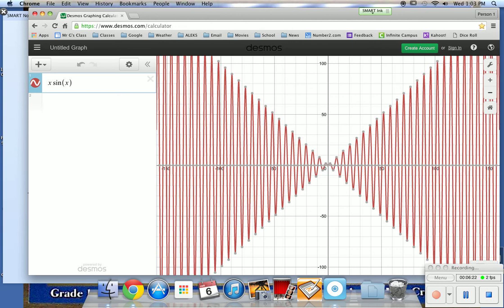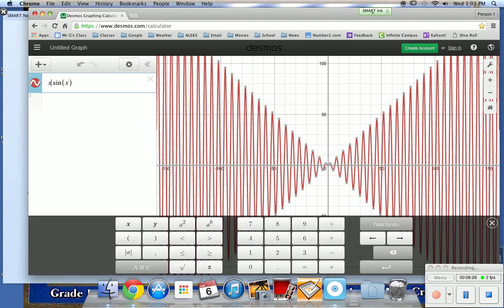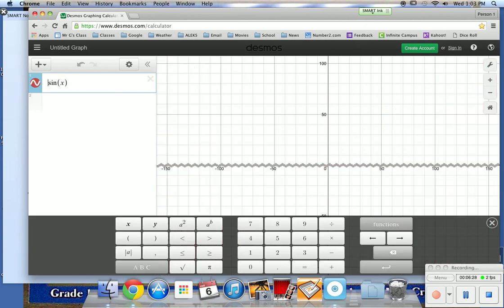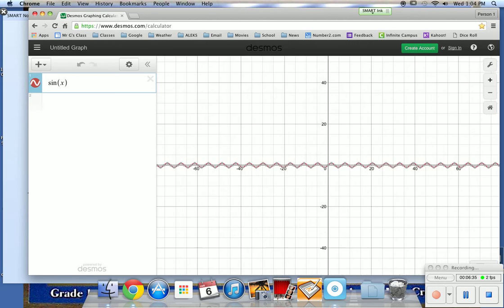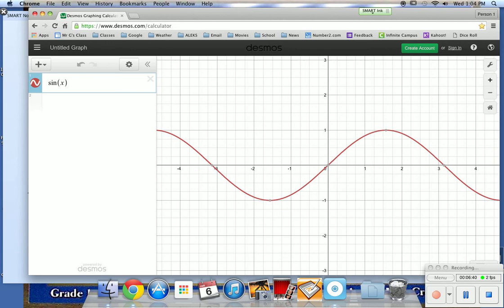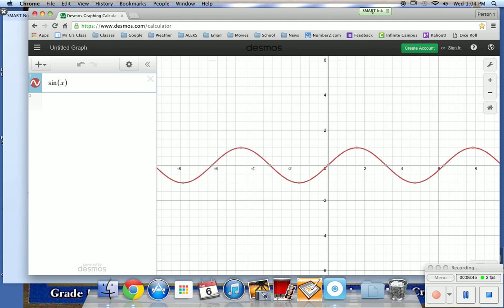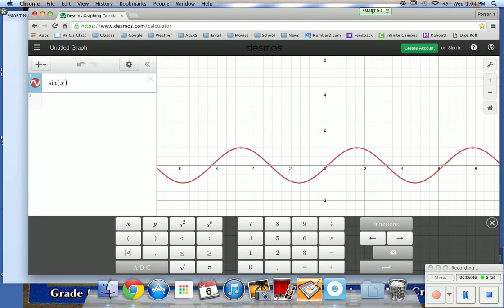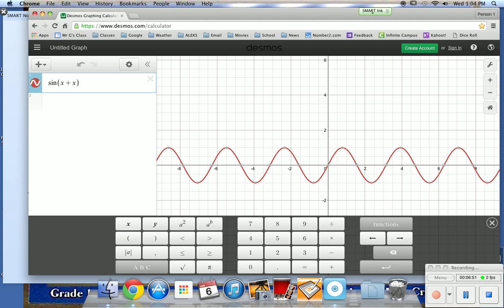Nice. Okay. So what happens when we phase shift this by x plus x? Did it do anything?